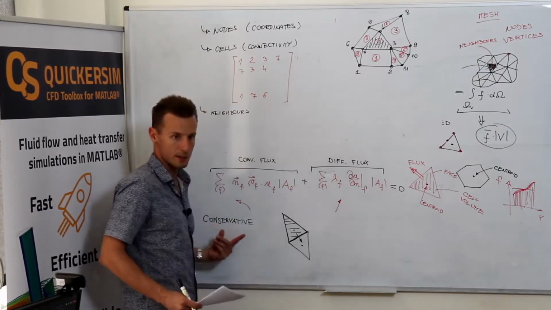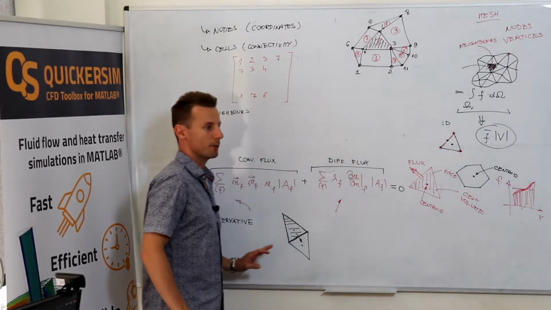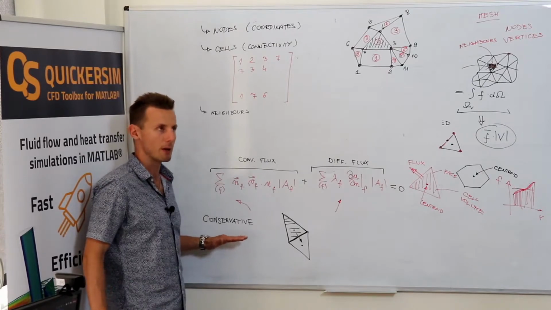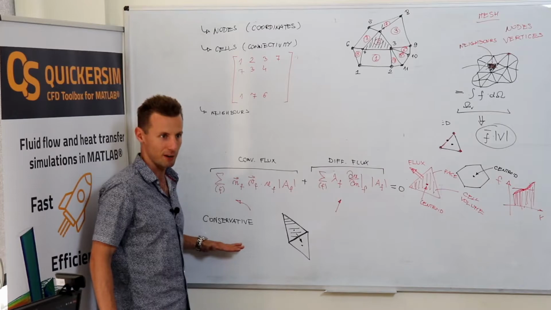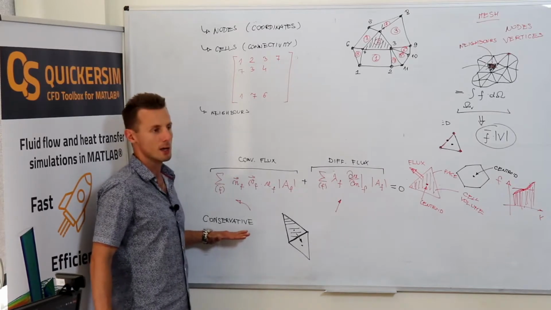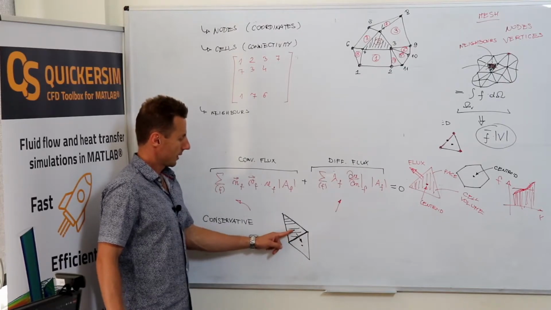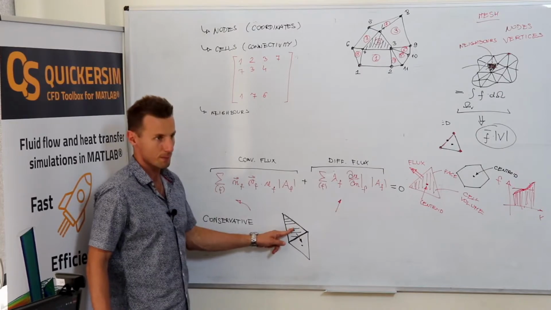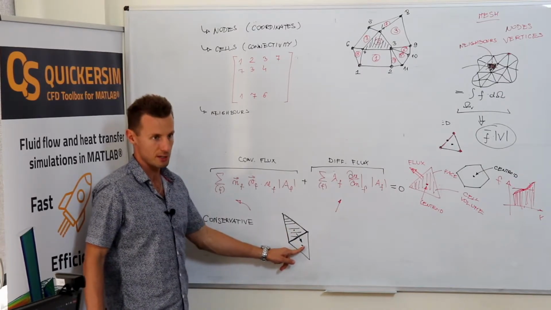What it means is that if you do all the addition and multiplication with infinite precision, so not with machine precision, but with infinite precision of the arithmetics, then the flux that is transported out of this cell will go to this cell.